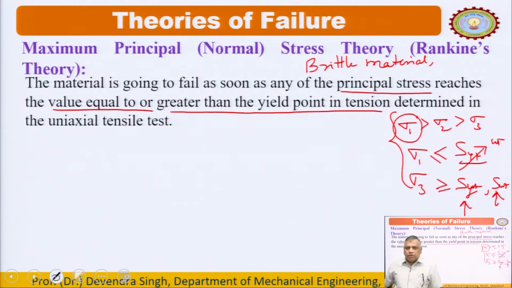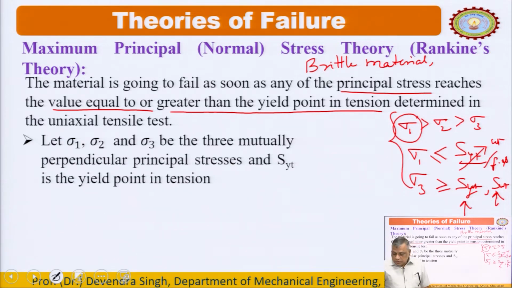Sigma 1, sigma 2, sigma 3 are the induced principal stresses, and if we need to use some factor of safety, then these failure stresses should be divided by the factor of safety. So, this is the philosophy, which I have already discussed here.